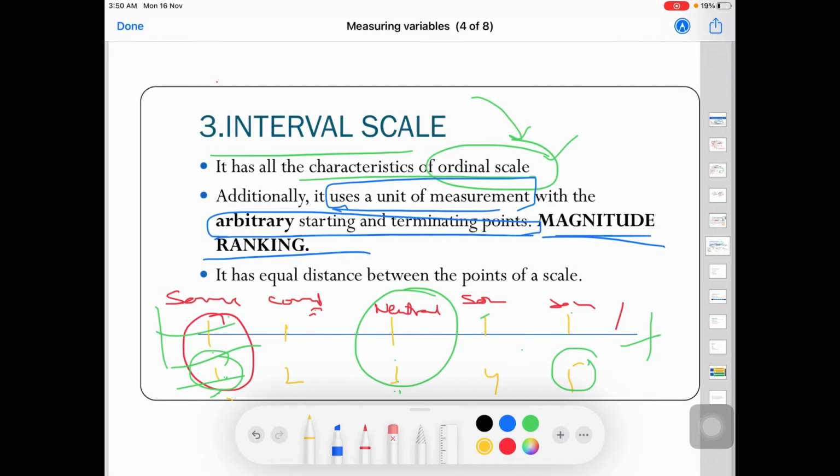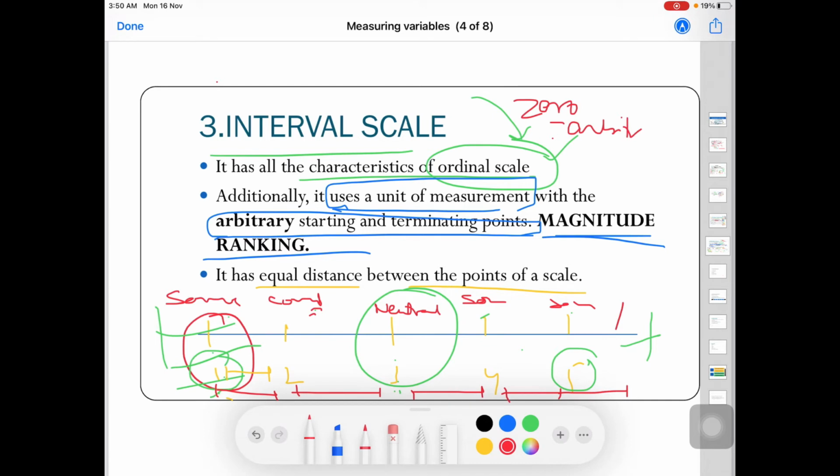Another characteristic of interval scale is that it has equal distance between the points of the scale. So these are equidistant. The distance between 1 and 2 is equal to the distance between 2 and 3. And another thing is that under this interval scale, 0 has arbitrary value.